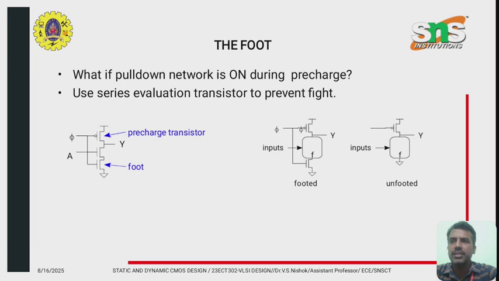During precharge mode, if the pull down network is on, then all the transistors will be switched on, the output path will be discharged and everything will be grounded. That is why we are connecting an NMOS transistor additionally with the clock signal in the foot path.